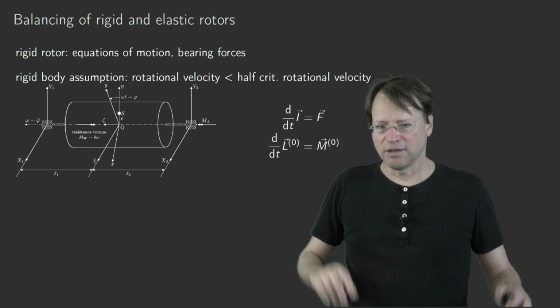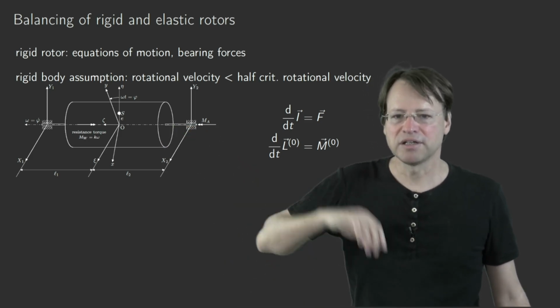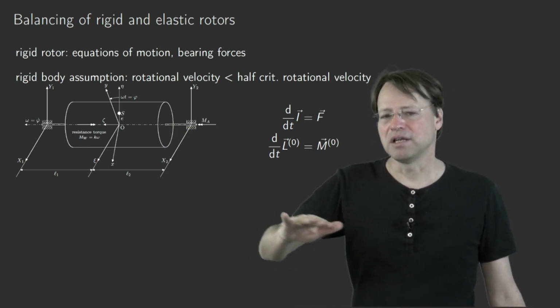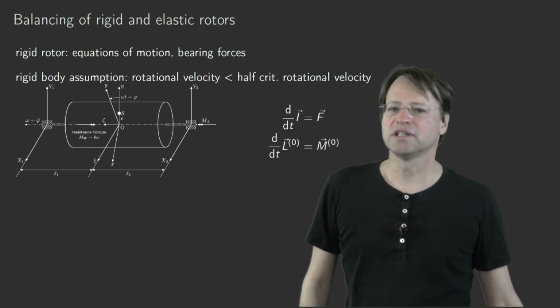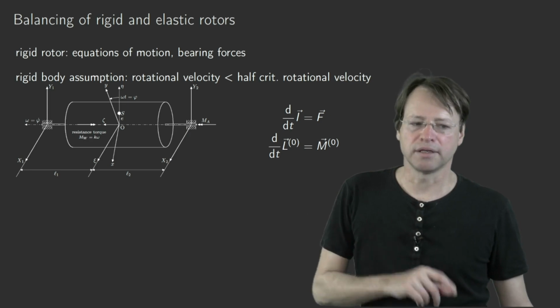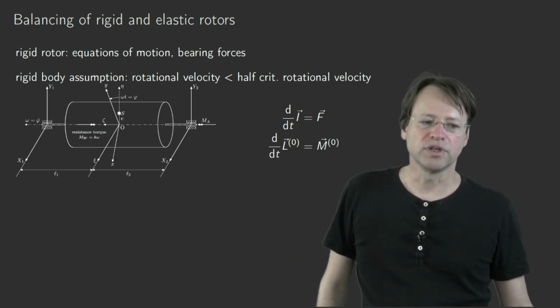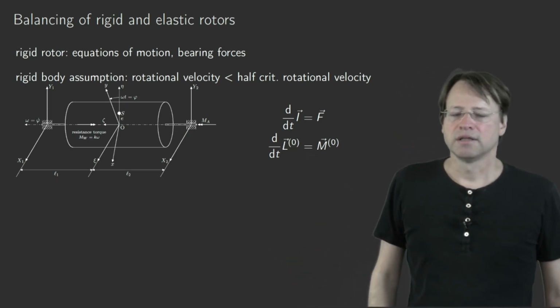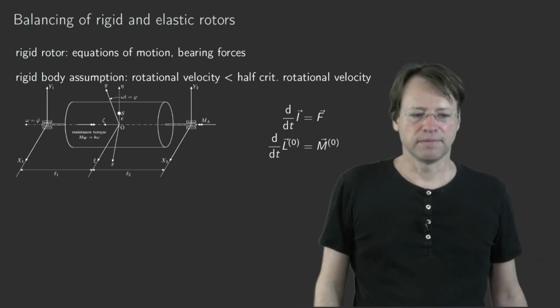So please keep in mind we are dealing here with a rigid body. We are not dealing with any bending or flexural motion of that body. So these are the two equations that describe the motion of that rigid body.